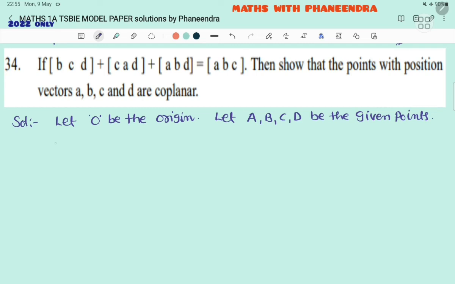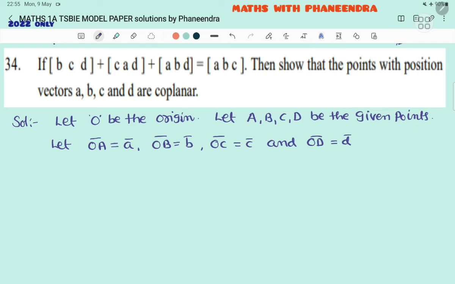Whenever points are there, for all the points A, B, C, D related to O, position vectors we can form. That is the reason we are assuming that OA is equal to small a bar, OB is equal to small b bar, OC is equal to small c bar, and OD is equal to small d bar. I hope you understand.